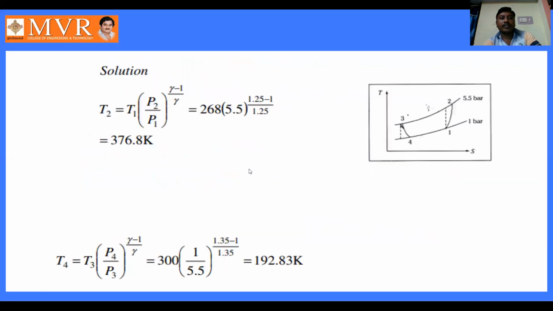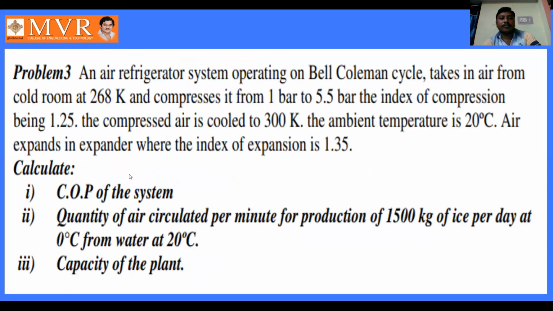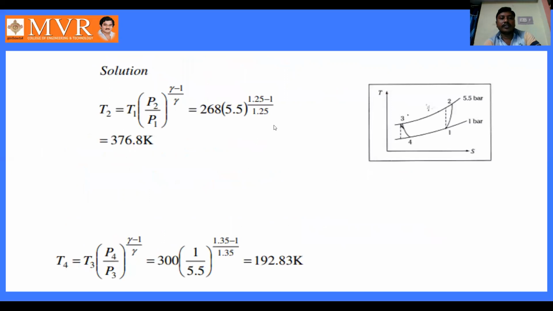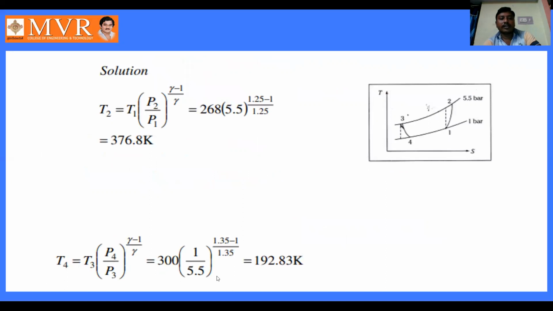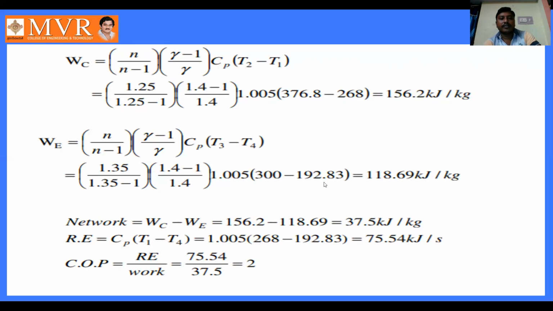T3 is known from the problem as 300 Kelvin, so we have taken T3 equal to 300. And the T4 value we have calculated here is 192.83 Kelvin. Hence, we have got the work done of the expander as 118.69 kilojoule per kg.